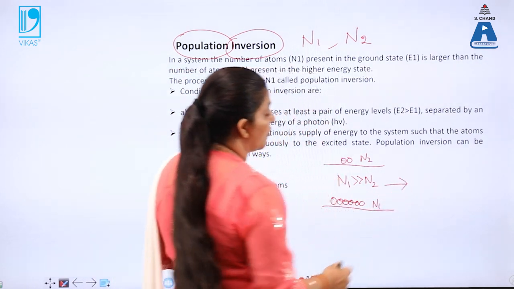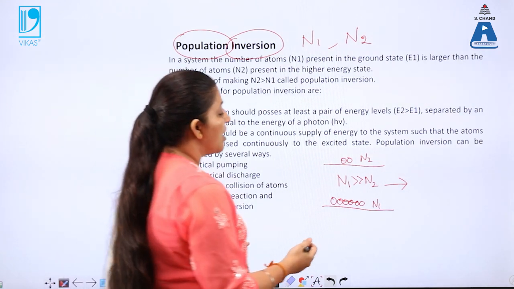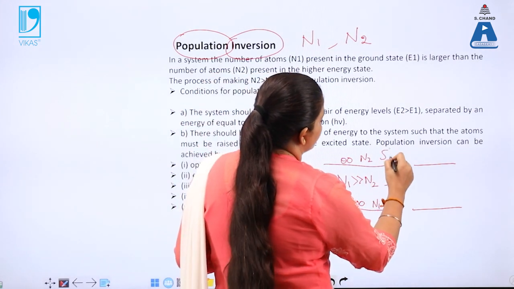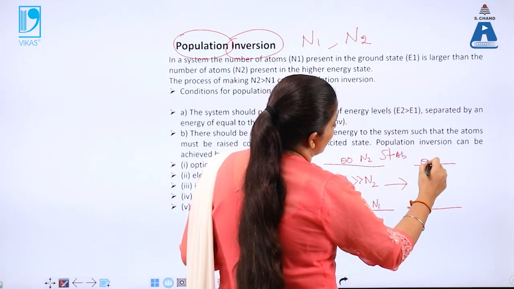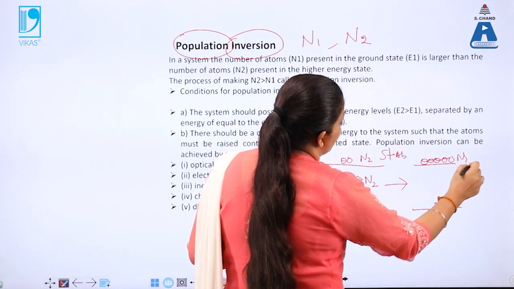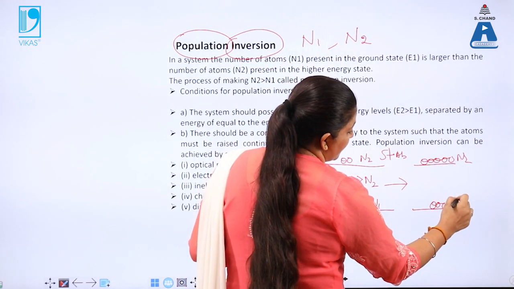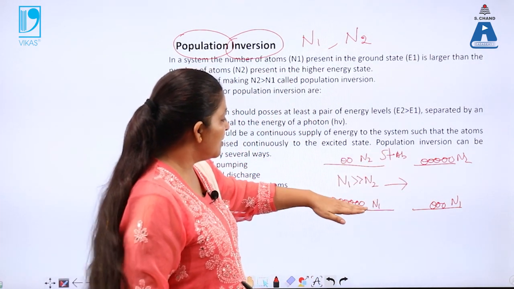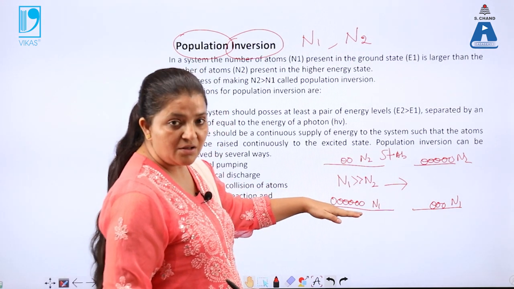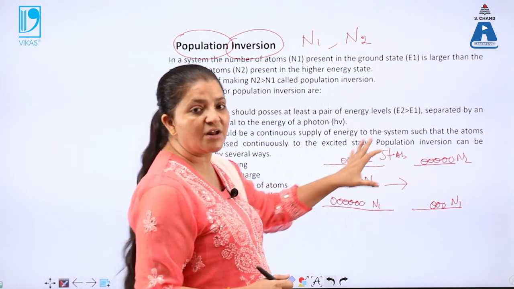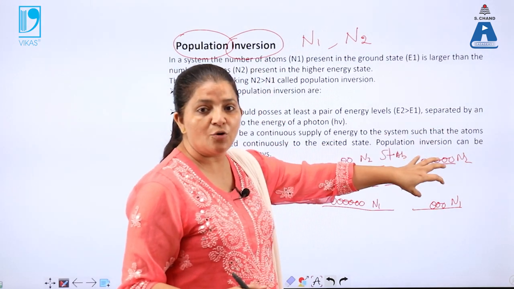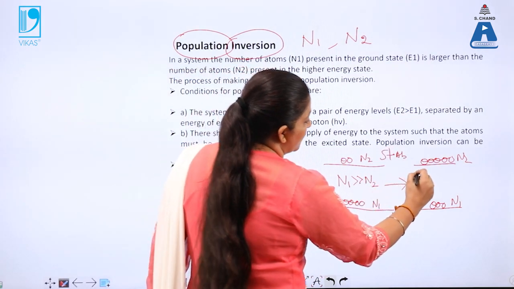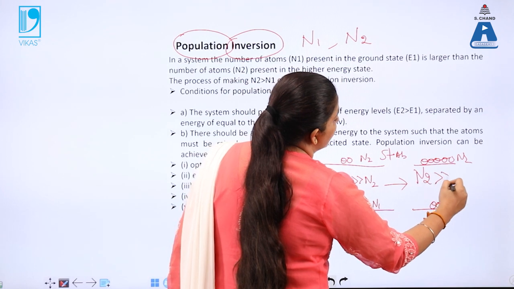After absorbing the radiations, that is, after the stimulated absorption, the number of atoms will be large in the excited state than in the ground state. This condition is reversed. Firstly the number of atoms is large in the ground state, but after the stimulated absorption, the number of atoms is more in the excited state than in the ground state. So this is inverted, that means N2 is more than N1.